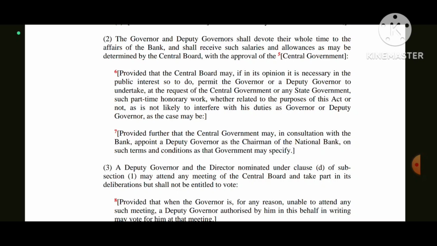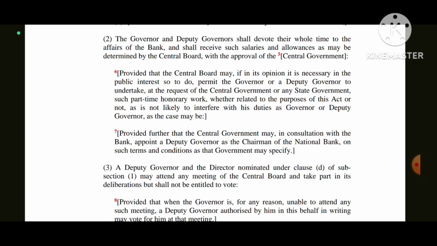So the governor and deputy governor have to devote their whole time to the affairs of the bank, that is, to the business, whatever is going on in the bank. They will receive such salaries and allowances for the work they are doing, and this will be determined by the central board.